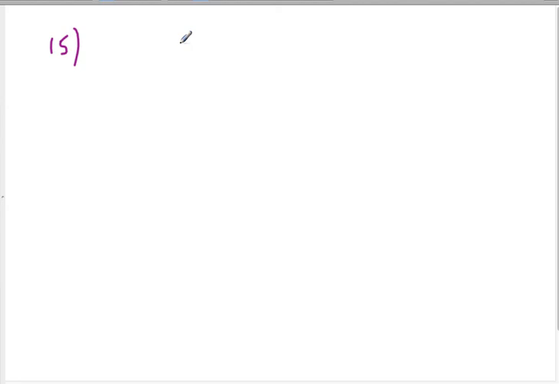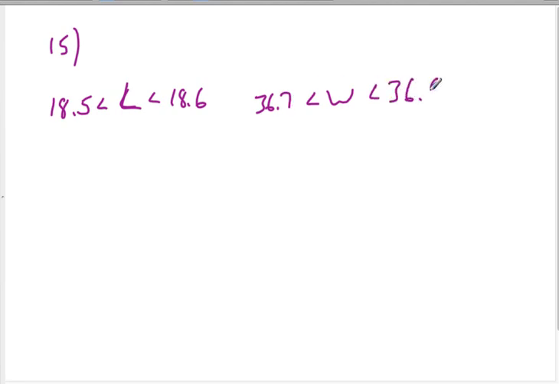Okay, so the length has to be between, so we'll say the length, that's an L, has to be bigger than 18.5 but less than 18.6, and the width has to be greater than 36.7 and less than 36.8.